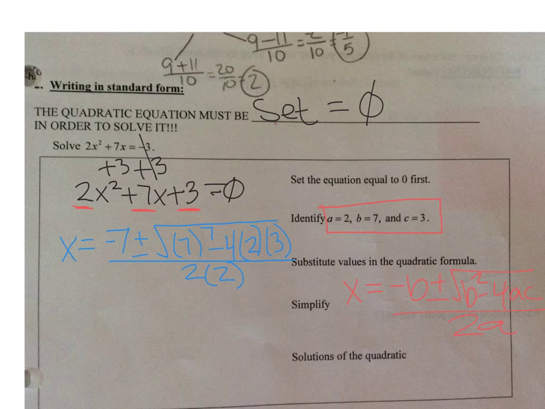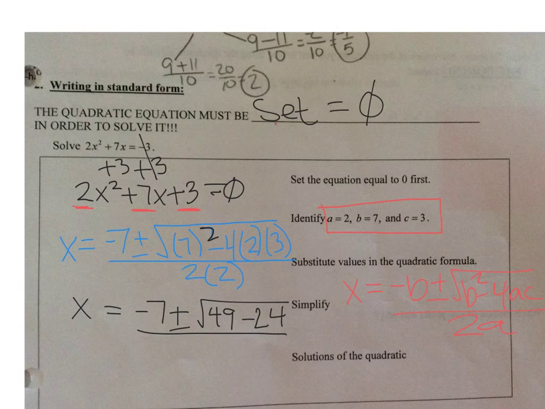So let's clean that up a little bit. X equals negative 7 plus or minus the square root of what's 7 squared? 49. 49 minus 4 times 2 times 3, 24.